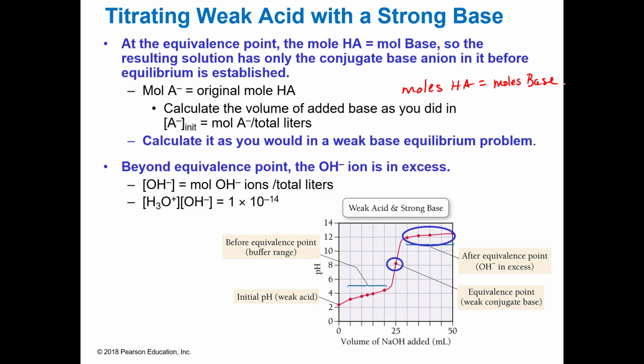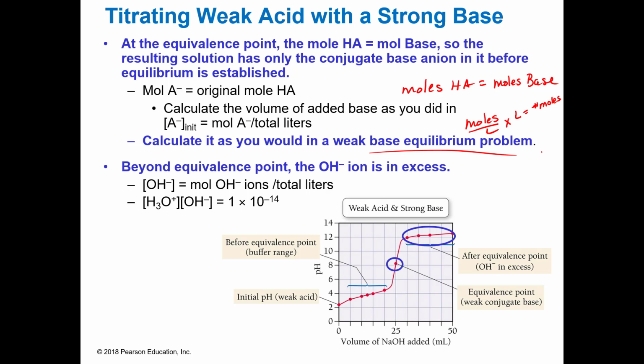So if you got it in molarity, it's moles over liters, and you would multiply that by liters to get the number of moles. That's going way back, if you remember, from Chem 111. Because you're going to calculate that as a weak base equilibrium problem.